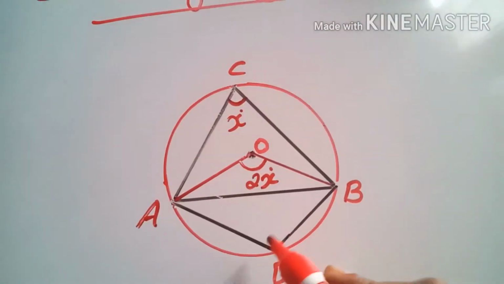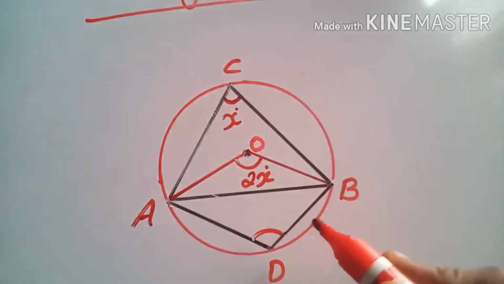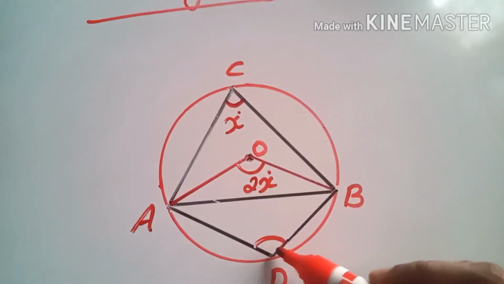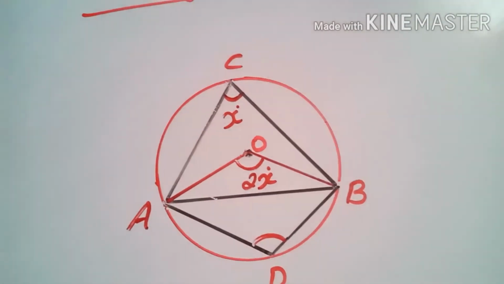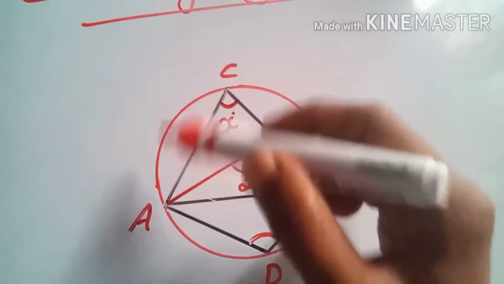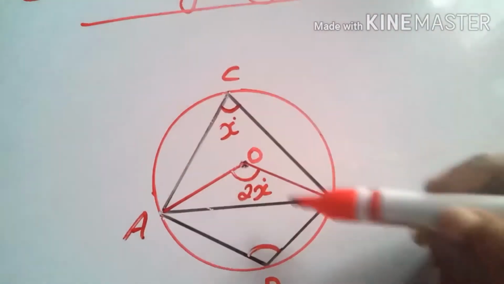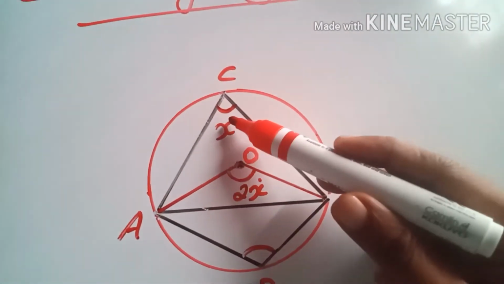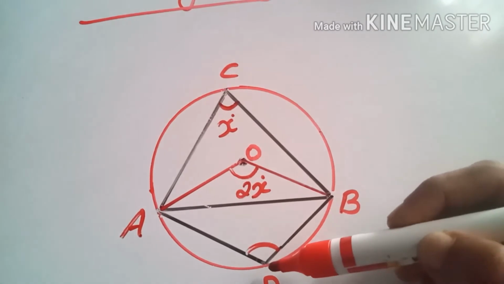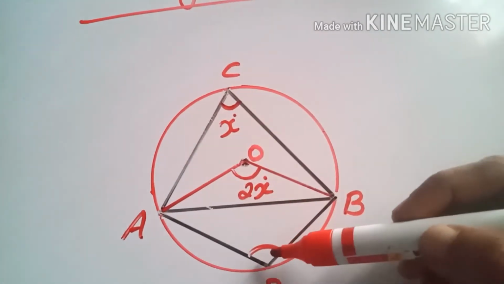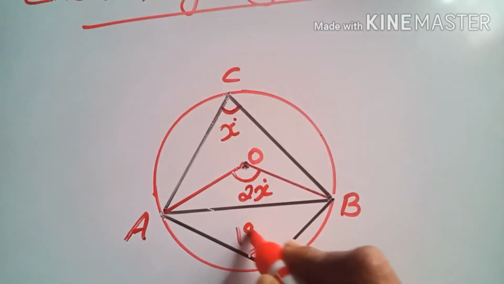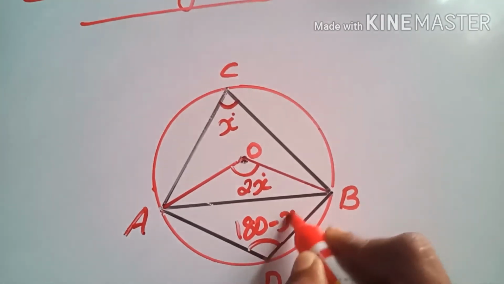And there is one more relation between this angle and this angle. In these two alternate arc angles, if this is x degree, this will be 180 minus x degree.